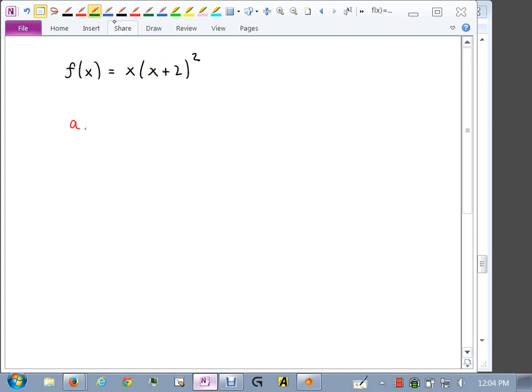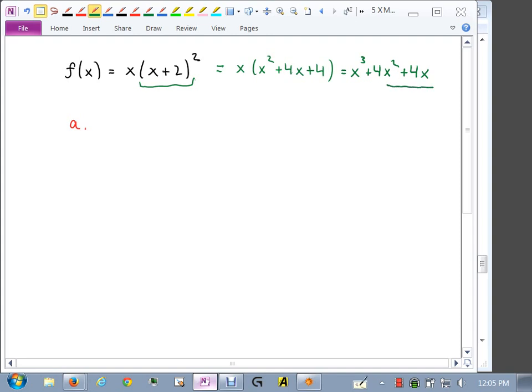Now, just because it's the first example, I will put up here what this would be. What I did there is I took this and I squared it. Remember when you square it, you put them side by side and you FOIL or expand, and then you come through with the x. x cubed plus 4x squared plus 4x.